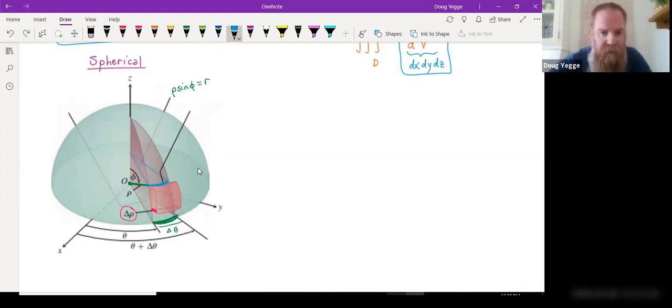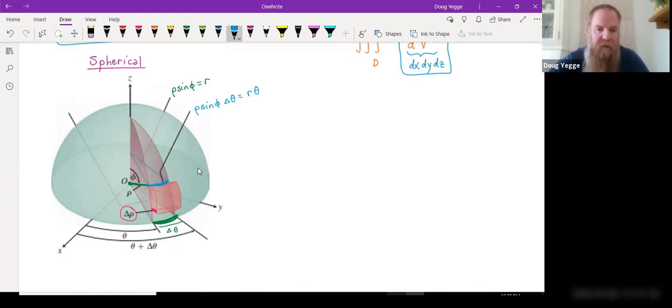And so that means that this wedge right here is equal to r theta, which is rho sine phi times the change in theta. And that's just because of the fact that it's the formula r theta.